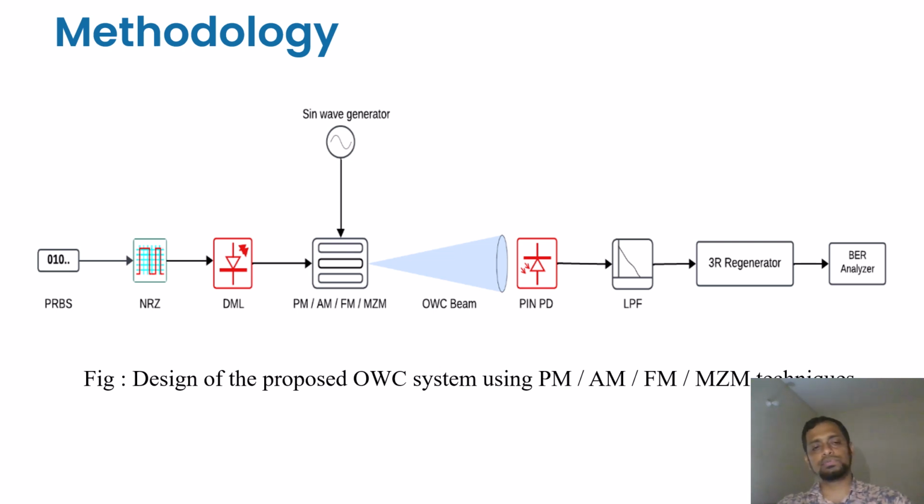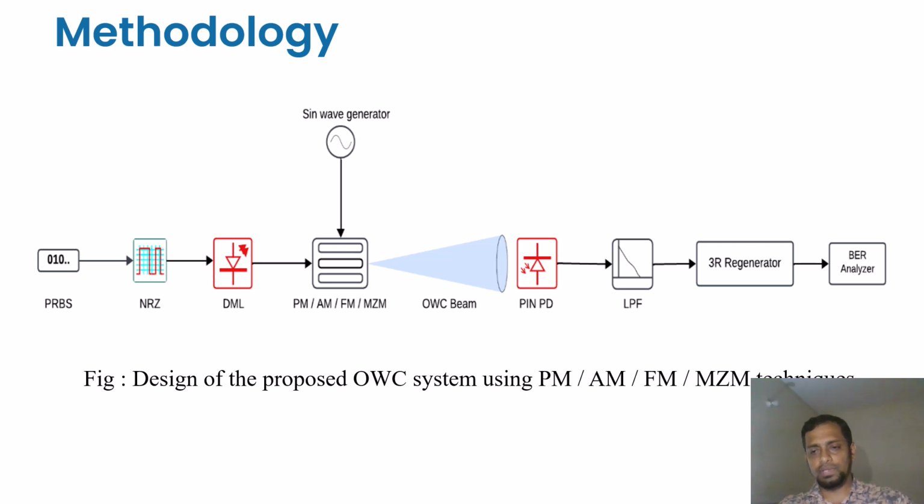So this is the model of our system. At first we use the binary data, then we convert it into the electric pulse using the NRZ pulse generator. Then we use an optical modulator. This electric signal and the optical signal we put into the modulator. The modulator output was the optical signal, and then we put it into the free space optics. At the receiver part, we used a photodiode.